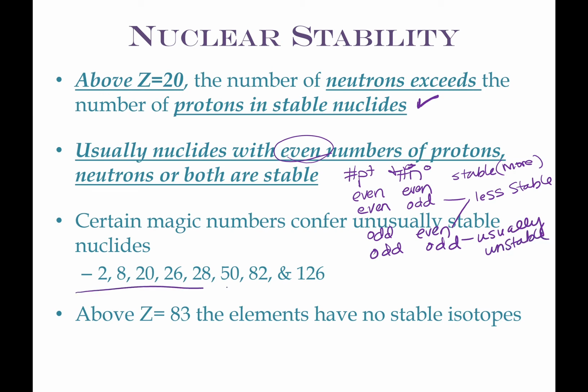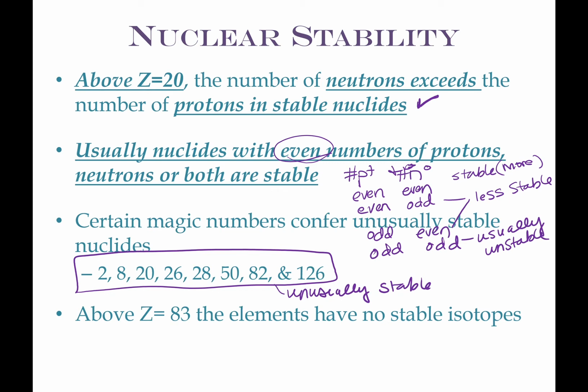Then there's this set of magic numbers. There are certain numbers of neutrons that are magic and stable. So if it's 2, 8, 20, 26, 28, 50, 82, and 126, these are unusually stable. So if you see one of those, that particular isotope is almost always going to be stable.